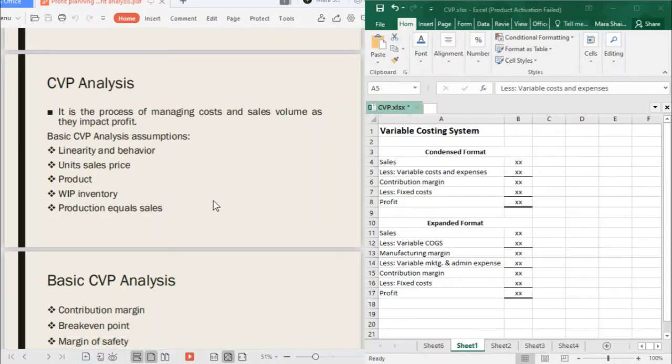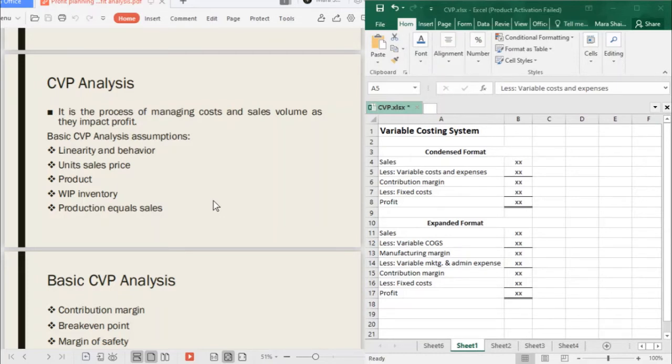Now we have the basic CVP analysis assumptions. First is on the area of linearity and behavior. According to this, the behavior of your sales and costs is linear within the relevant range. Meaning, total fixed cost remains constant but unit fixed cost changes, or what I mentioned earlier about cost behavior in the previous discussion. So that is your linearity behavior.